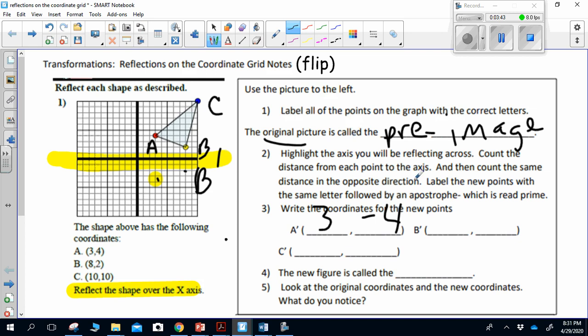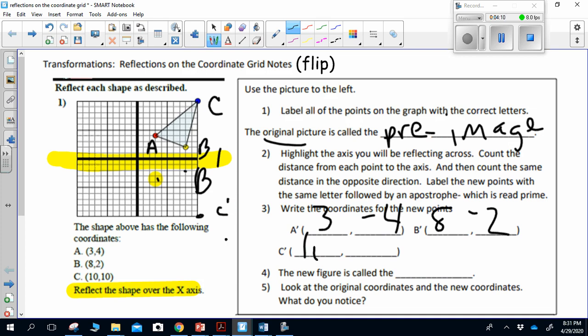So B prime, we decided, was at 8, -2. And then C prime, the pre-image C, was at 10, 10. So C prime is going to be at 10, -10. It's going to be right here. 10, -10, and that's C prime.